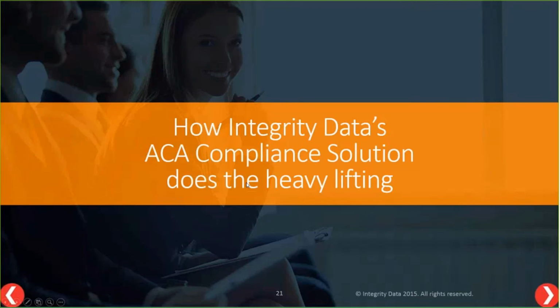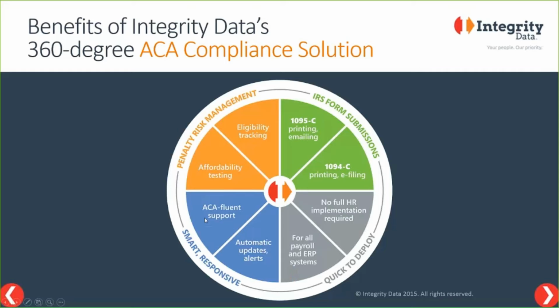All right. So we've talked about the ACA employer mandate. How do we help? How can you get through this? Well, of course, we can help you do the heavy lifting. So let's talk about the fancy pie chart here. When you look at the top half of the pie chart, it's really about the solution that we provide.